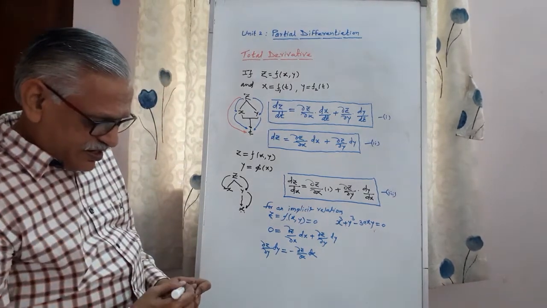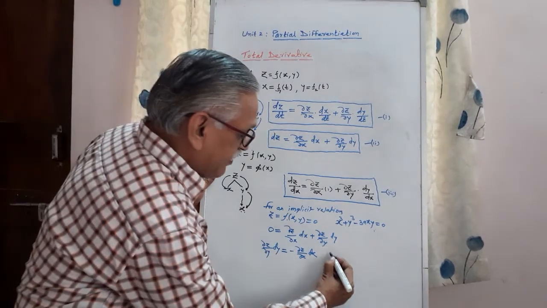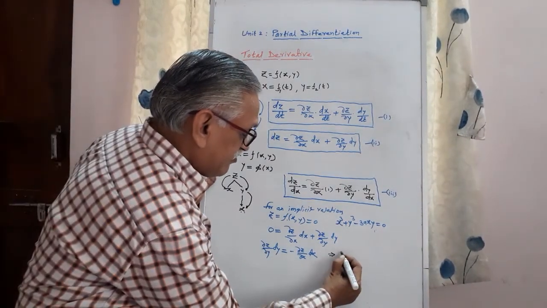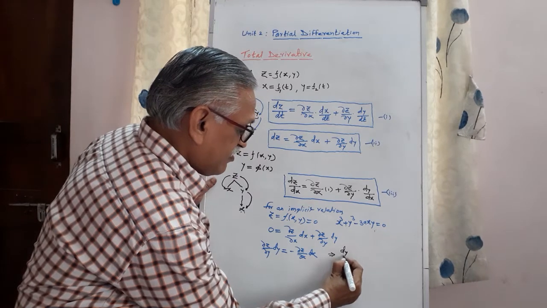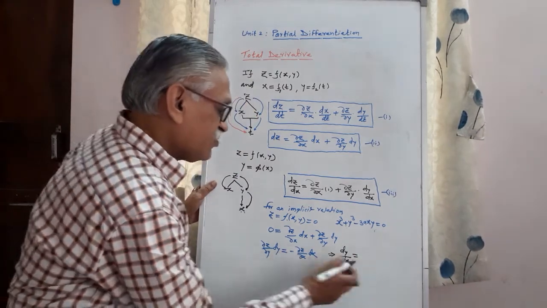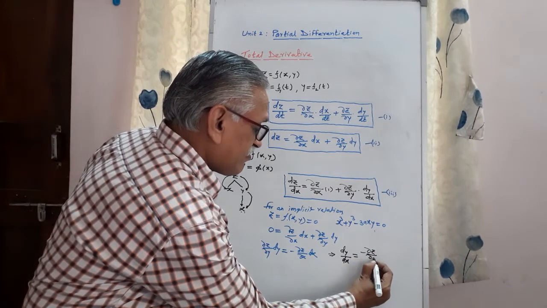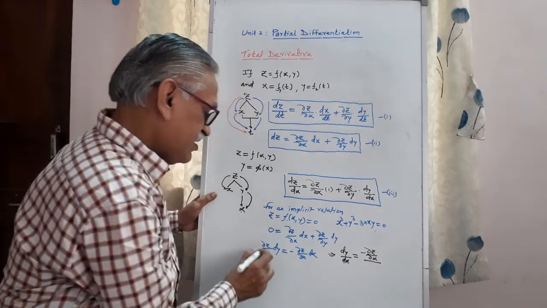And then rewriting it for dy by dx, we get dy by dx is equal to minus dou z by dou x divided by dou z by dou y.